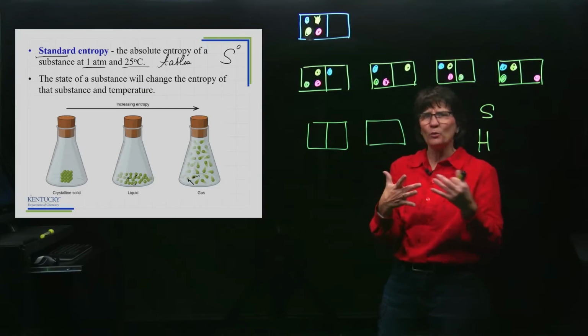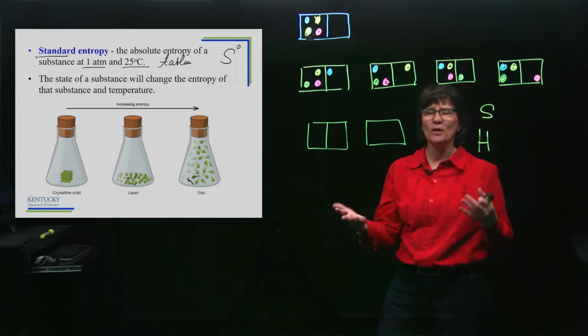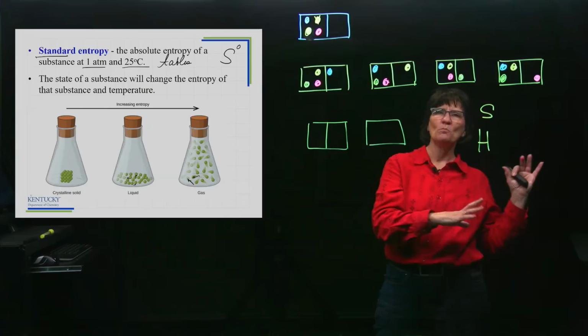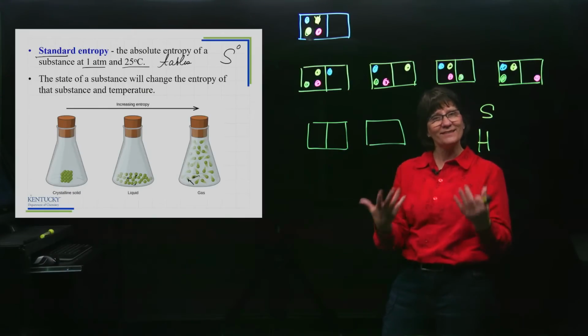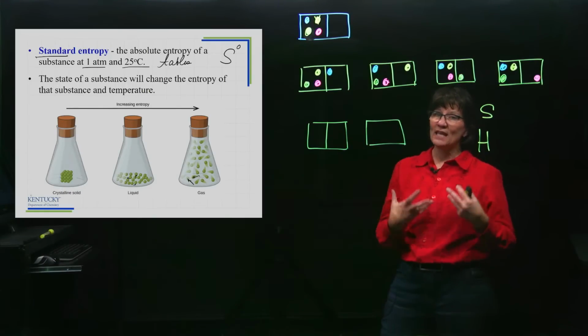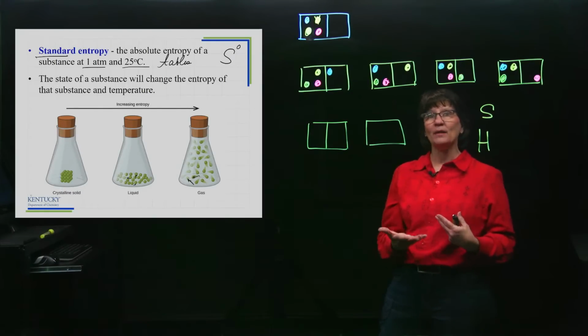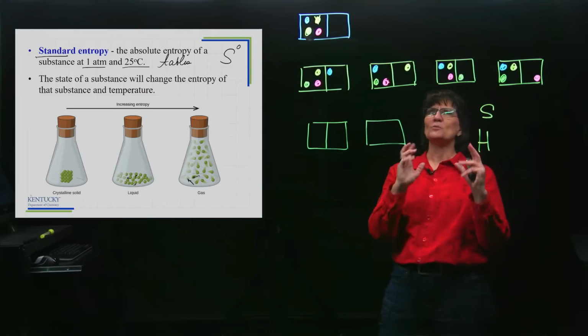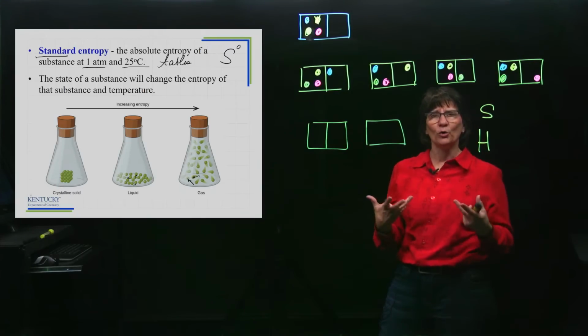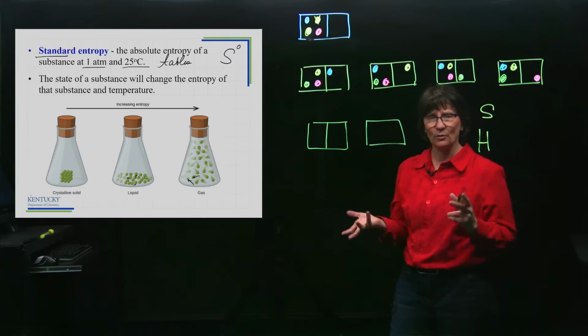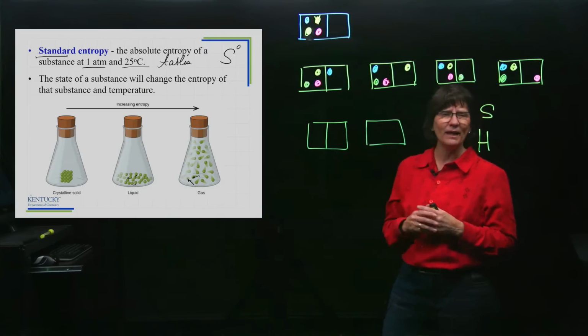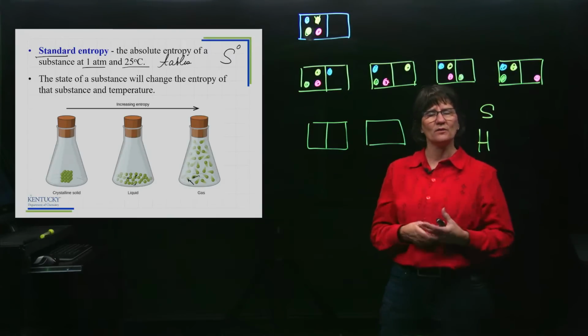You're still associated with each other because you're in the same classroom. You're just sliding past each other as you make your way to a new place. That's like the liquid state. Now, if you were to stand in the front of the room with me and watch that happen, it is obvious that there is much more disorder in that room as people are moving about around the room. And that would be like the liquid state. So there's an increase in the disorder.